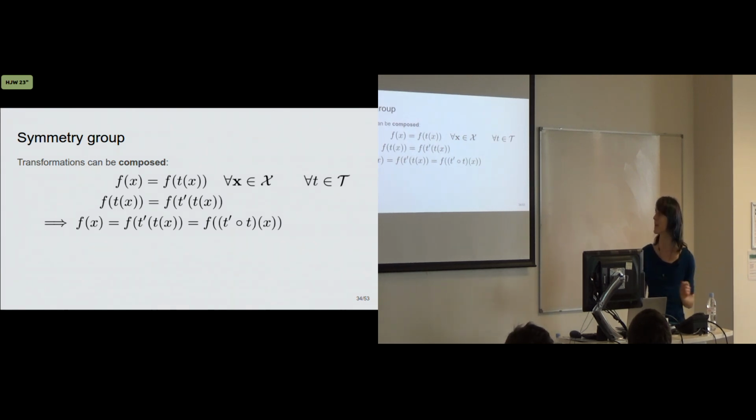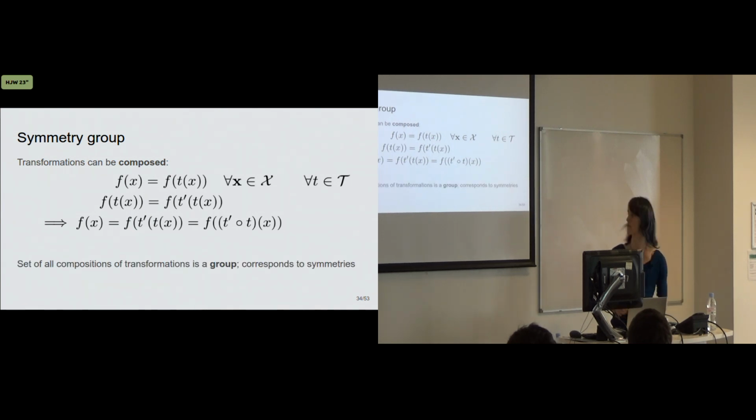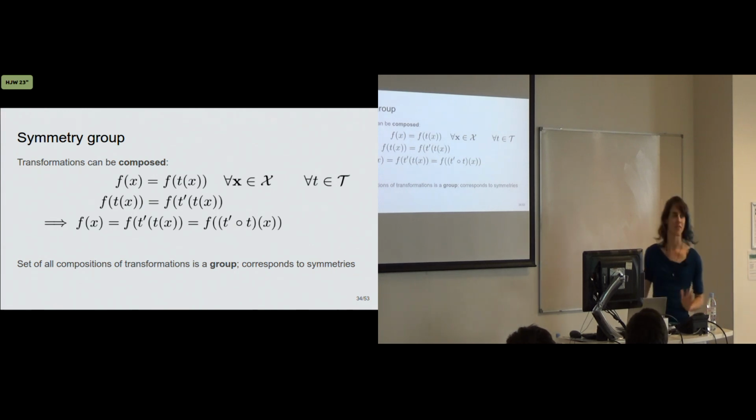So f of t of x has to be the same as f of t prime of t of x, if our function is invariant also under transformation t prime. And therefore, it has to be invariant under composition of transformations. And that basically gives the invariances a group structure. So the set of all compositions of the transformations that you want to be invariant under forms a group, and that corresponds to the symmetry group in your problem.